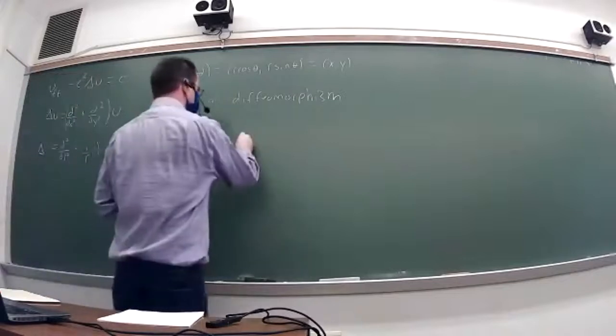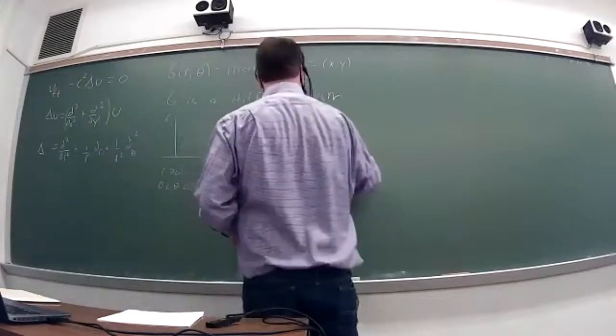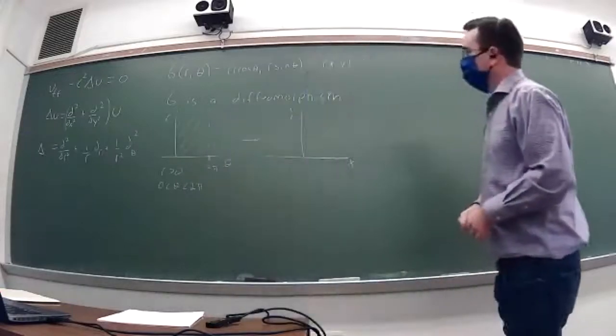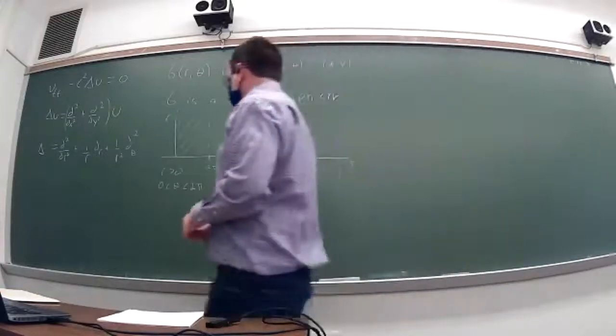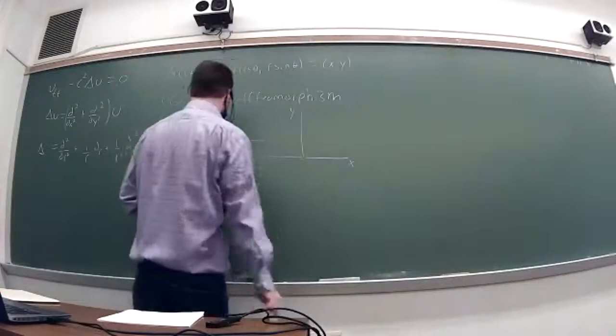And so where do these coordinates go? They go into xy space. Except we're missing r equals 0, so we're missing this point.